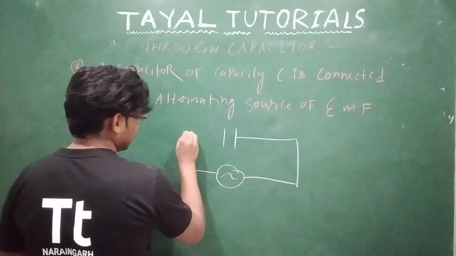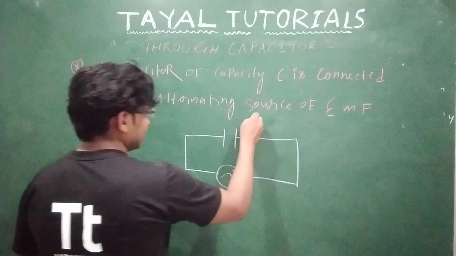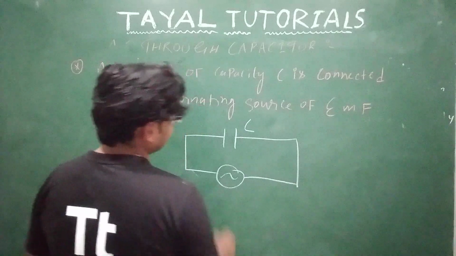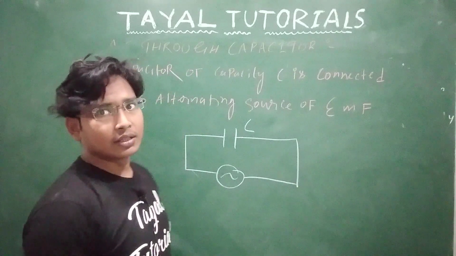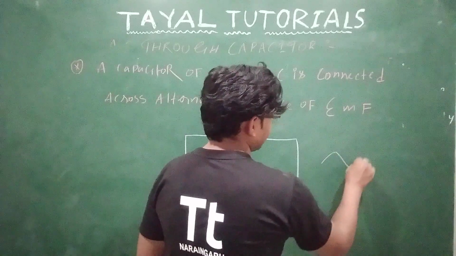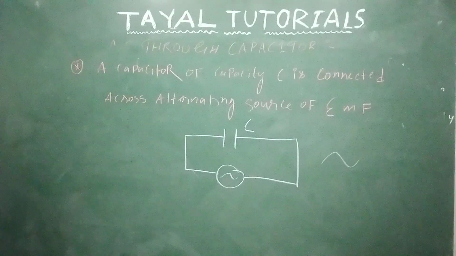The capacitor is connected in that way. This is C, this is your AC source. I have told you how to identify the instrument in the lab. You will see this sign on your instrument. That instrument will be your AC instrument.